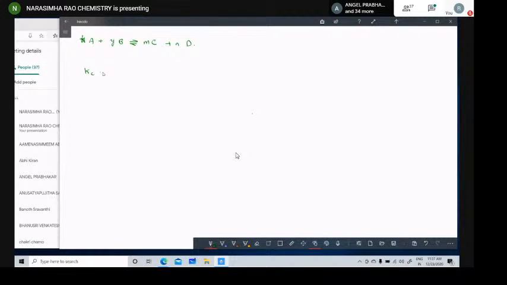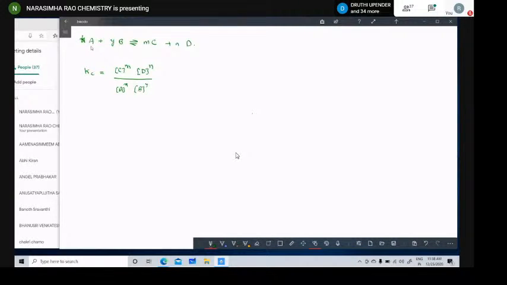Kc is equal to active mass of C whole power m into active mass of D whole power n upon active mass of A whole power x into active mass of B whole power y.